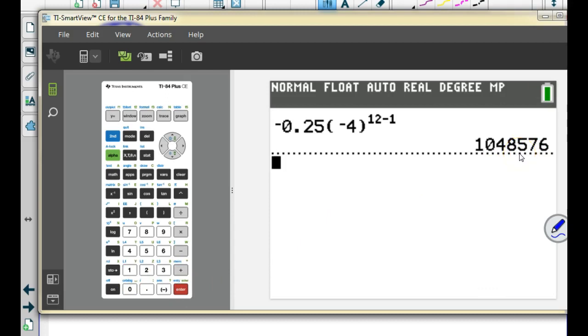A million something, okay? Just be real careful, because if you left out the parentheses, would you get the same answer?